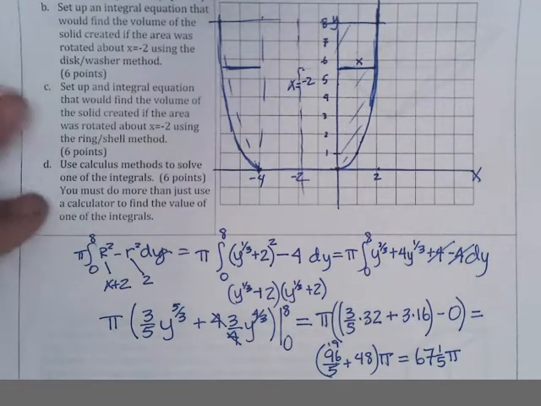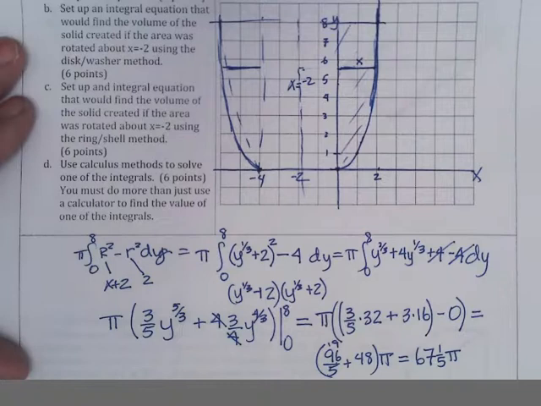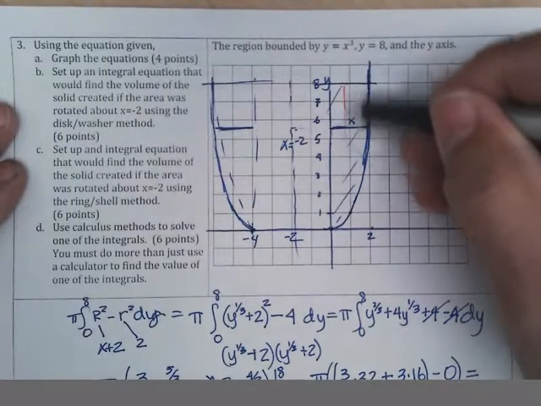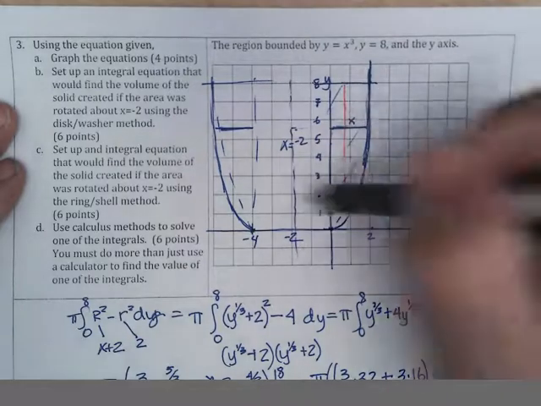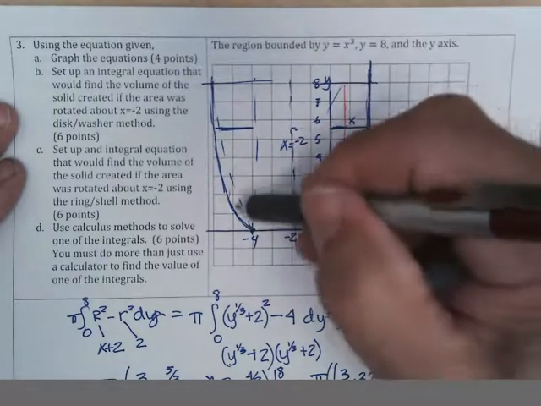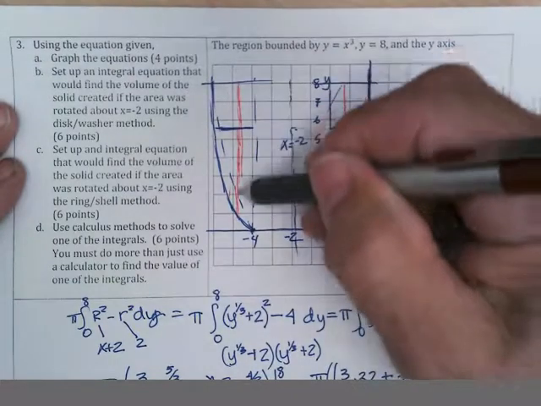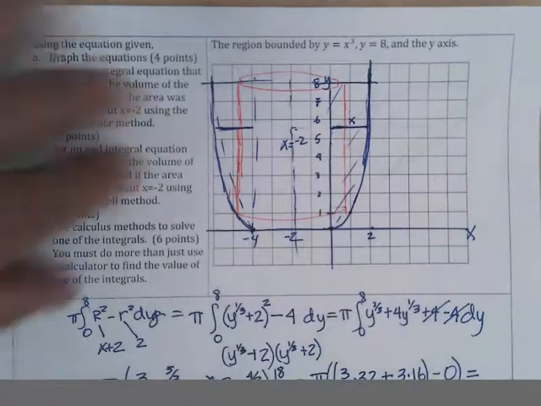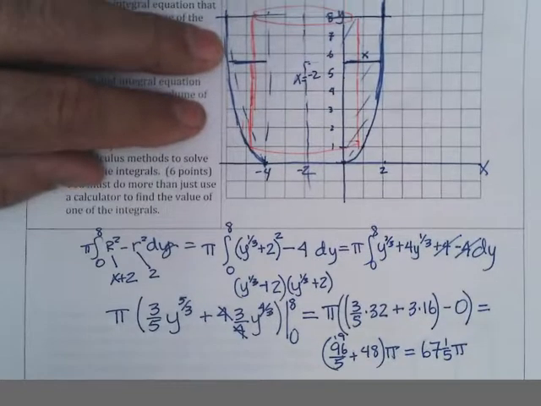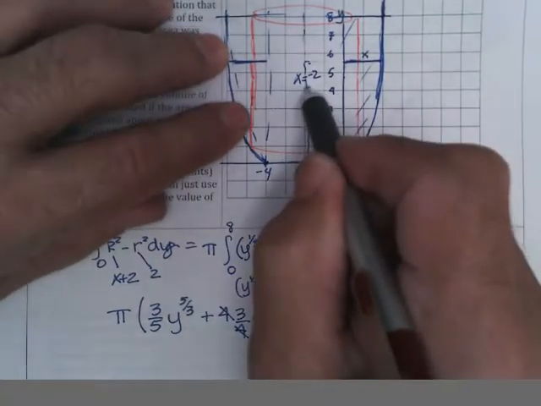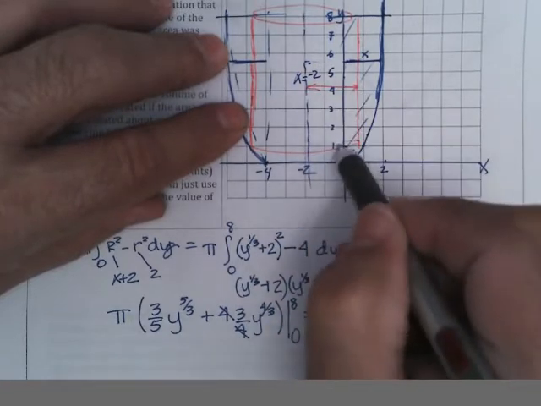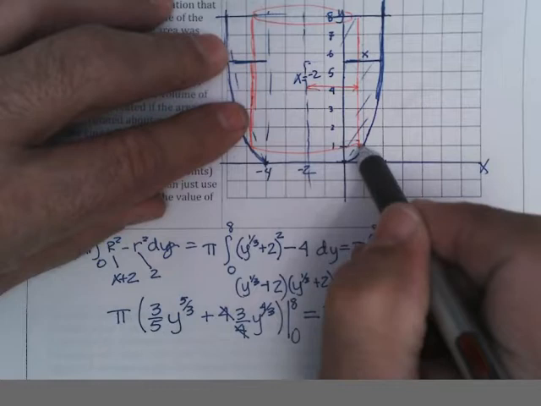All right, now do it with the ring or shell method. So now I need to slice it parallel to the axis. So I'll make a slice right here, which should be matched over here. Be a shell, a ring. And the formula for that is 2 pi r. R would be out to there, which is going to be x, because this is x going to the graph, plus 2.